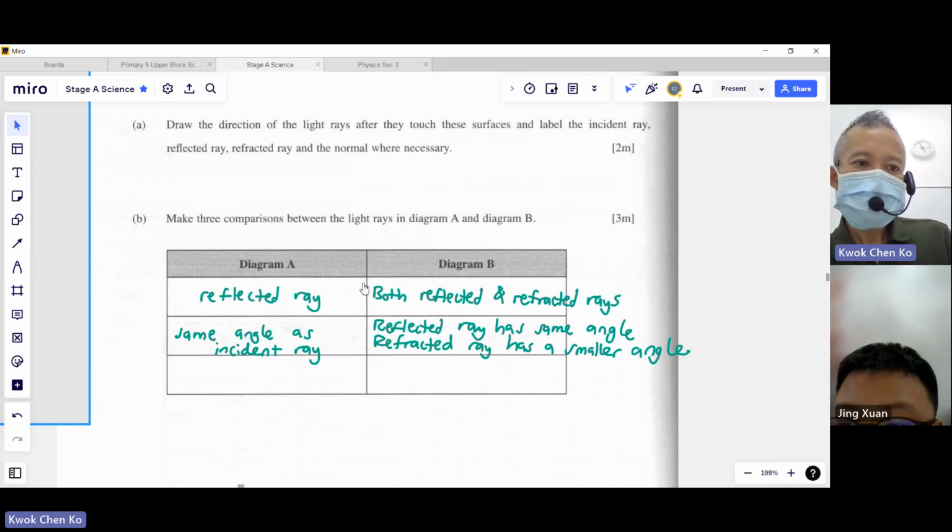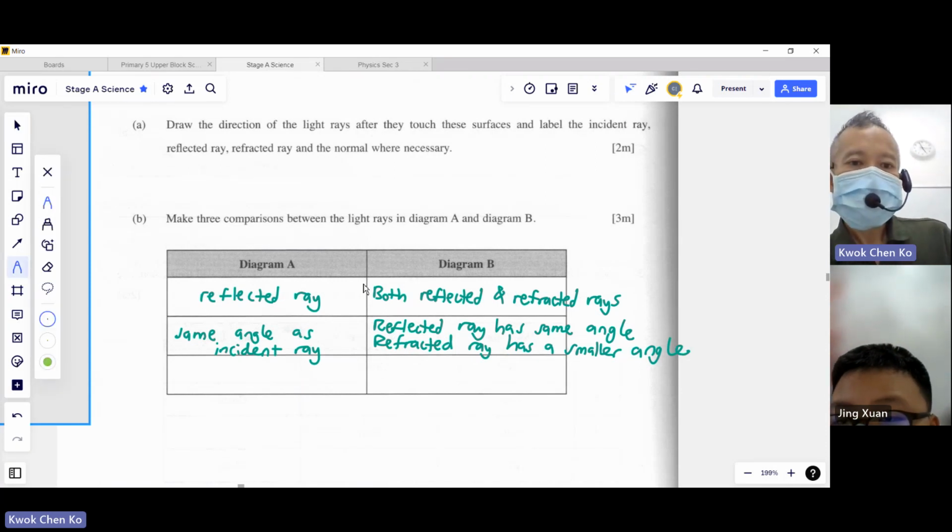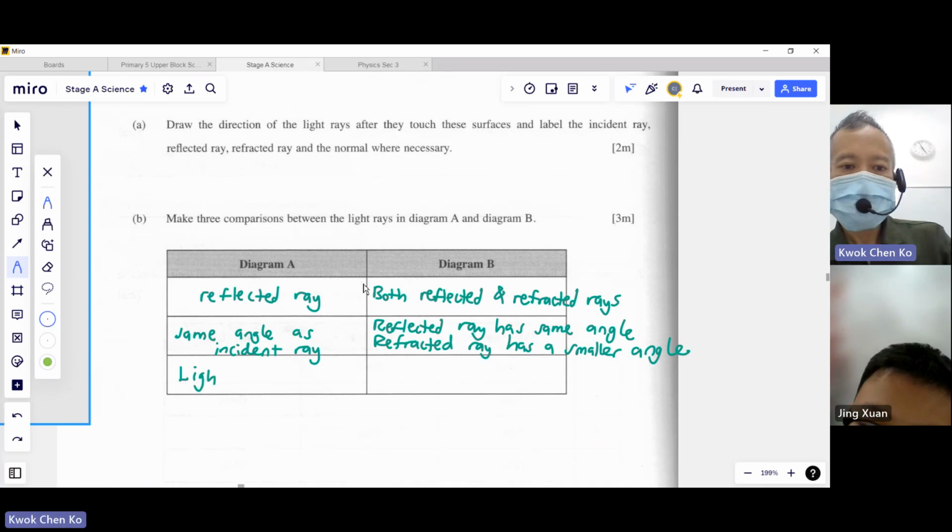Actually, the last one is something that we have done earlier. Alright, basically reflection is like a ray. Okay, ray, no need to add the word lah.